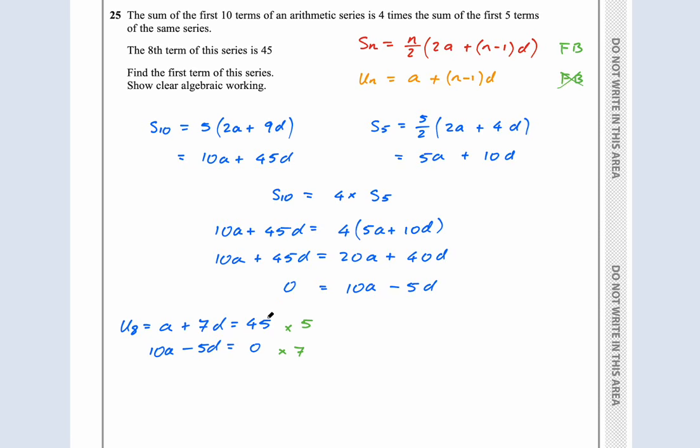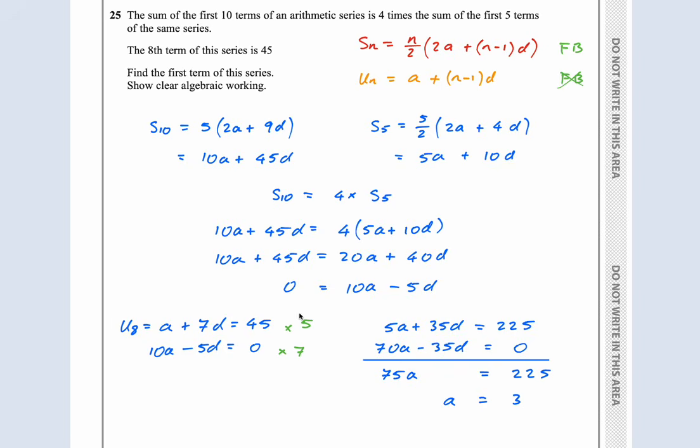The top one multiplied by 5 gives me 5a plus 35d equals 225. Then this times 7 gives me 70a minus 35d, which stays equal to 0. Then I just add them, because that will eliminate the d. That gives me 75a equals 225. And very nicely, guys, 75 goes into 225 3 times. So a is equal to 3.